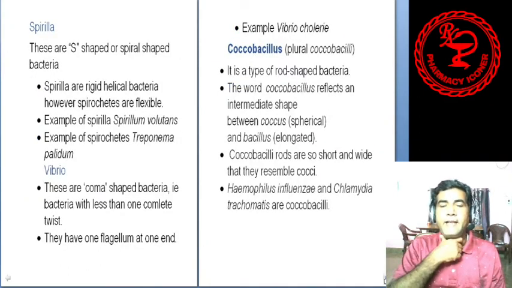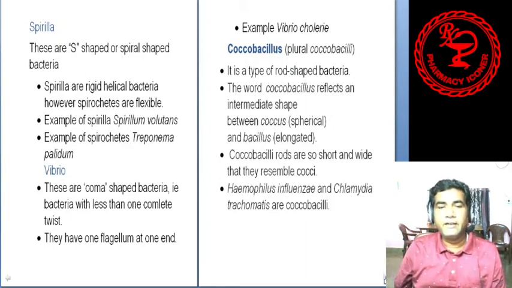Spirilla are S-shaped bacteria. They are helical, rigid bacteria. If it is not rigid, if it is flexible, then it is called spirochetes. An example of spirilla is Spirillum volutans, and of spirochetes is Treponema pallidum.